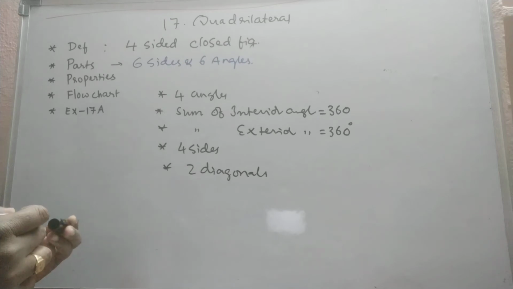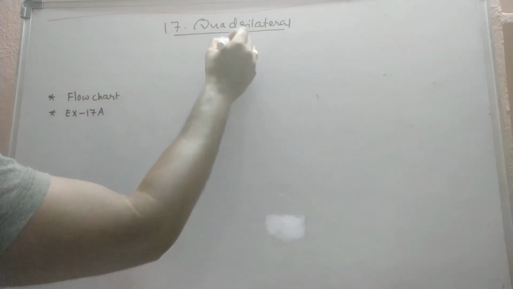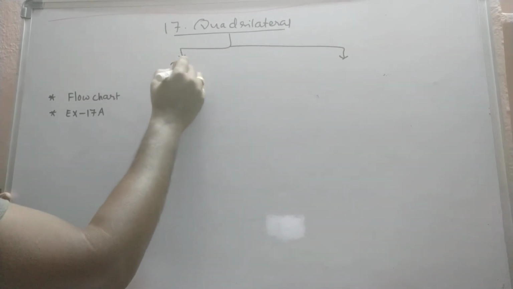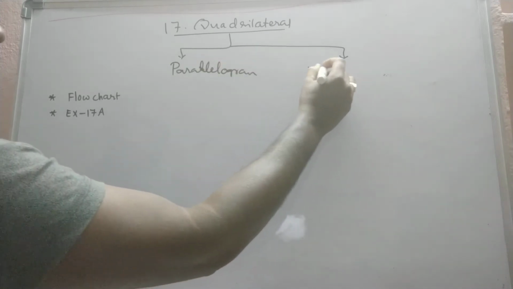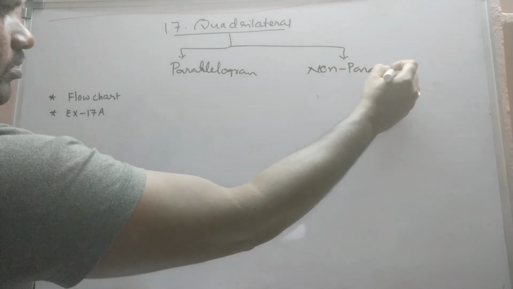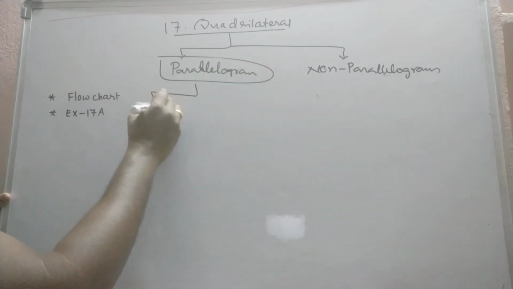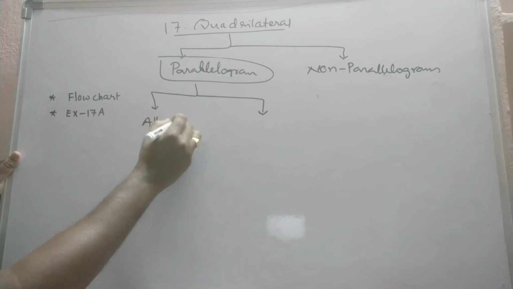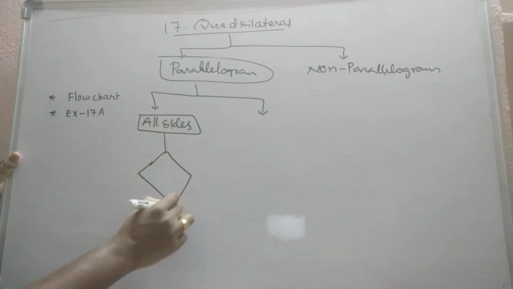Now let us see the flow chart, which is very, very important. Let us see the different types of quadrilateral. The main division is parallelogram and non-parallelograms. Under parallelograms, if all sides are equal, then we have one more criterion: we also have to check whether the diagonals are equal or not.